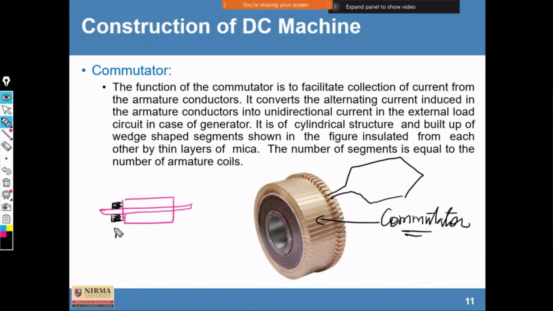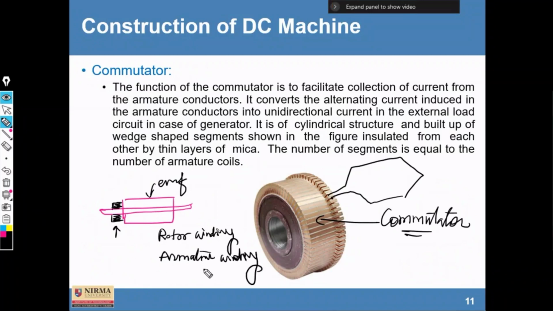Now what is the function of this commutator? Because whatever the EMF induced in the rotor winding or armature winding is always alternating in nature, alternating quantities, alternating current.